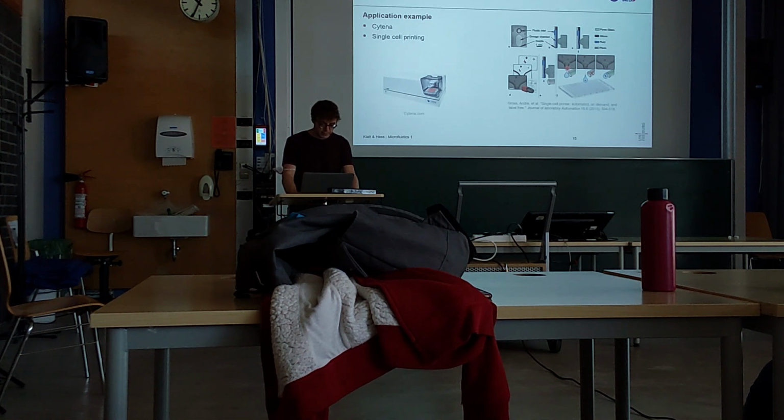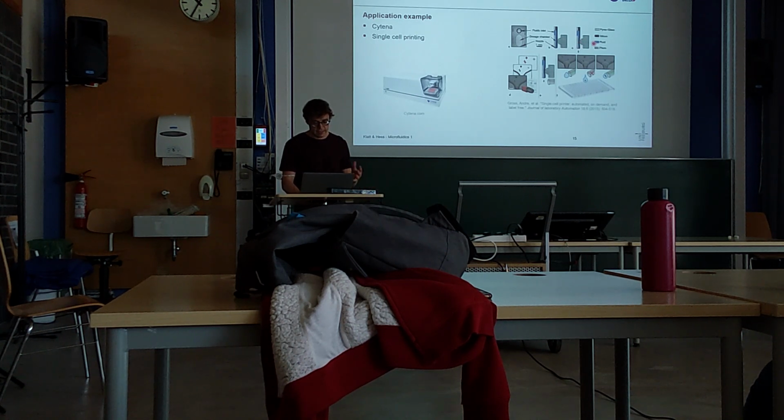So one example where some kind of pump is used is presented in this picture. It's from Cytena, and what they did is that they have some kind of flexible membrane, and it's similar to the inkjet principle that we just discussed, except they don't use an air bubble.